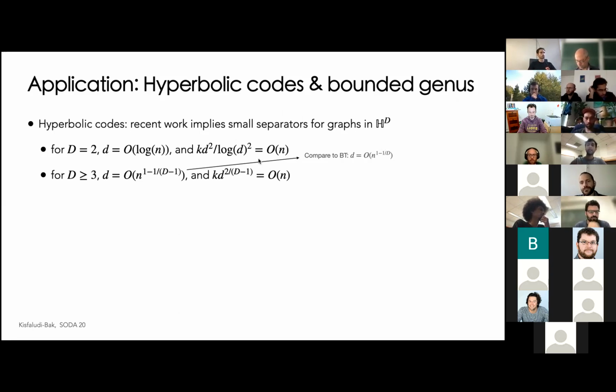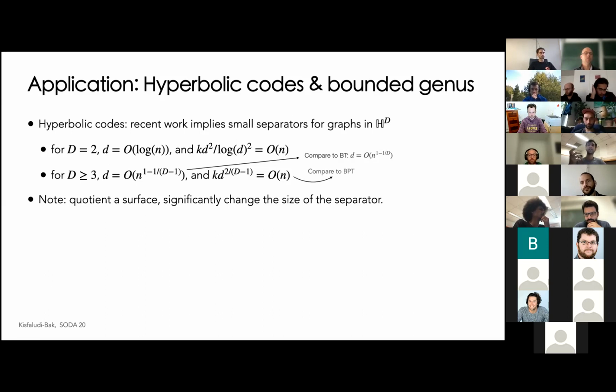In addition, these separator bounds also imply the following trade-off between k and d. One can compare this to the Bravyi-Poulin-Terhal bounds, and they look identical. This bound on the distance, however, seems to suggest that one might be able to encode more logical qubits in this case. So this is a generalization of the Bravyi-Terhal bounds to hyperbolic surfaces.